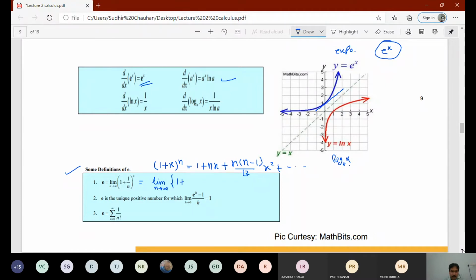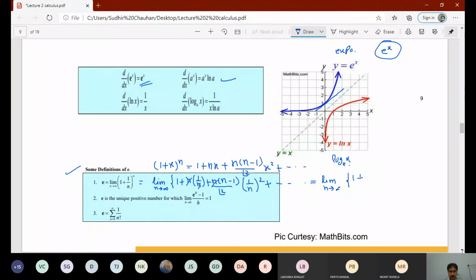Now here n is n, and in place of x we have 1 by n, plus n(n minus 1) upon factorial 2, and x square, that is 1 by n square, and so on. So we see that here n can be cancelled. Here we have n square, so 1 n can be cancelled, and it is 1 minus 1 by n. So in that way we can write it as limit n tends to infinity.